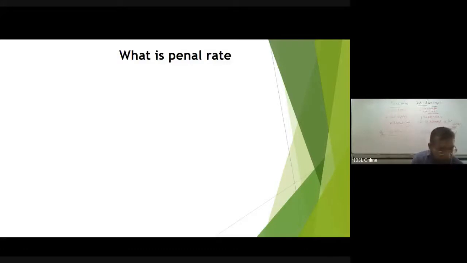Penal rate could be charged by a bank on loans and advances from a customer during the overdue period.